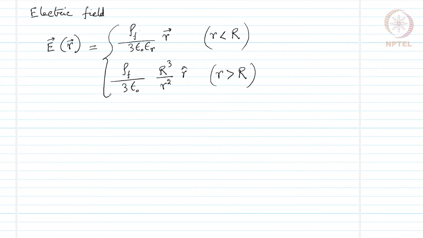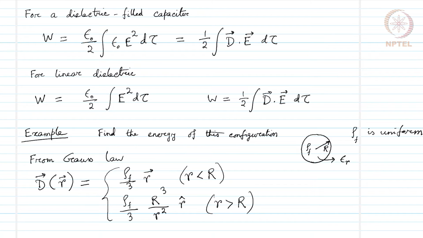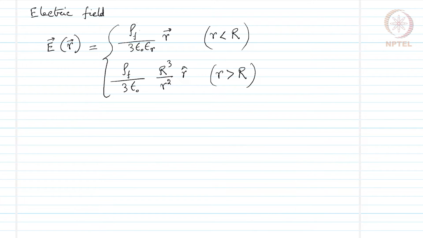With this, we know that in this system, the purely electrostatic energy that we can find is from the first expression, that is integrating over the electric field squared. So, we will find the pure electrostatic energy from this expression. Let us apply this expression first and see what we get.